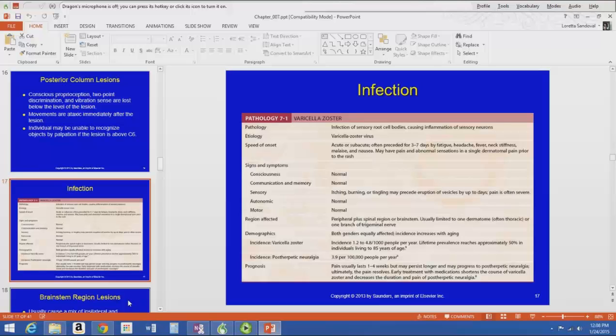They say it usually lasts for 1 to 4 weeks, but may persist longer, and you might end up with neuralgia, but usually the pain resolves, and they will treat it with pain medications. If you can get a vaccine ahead of time and not get shingles, which is good.